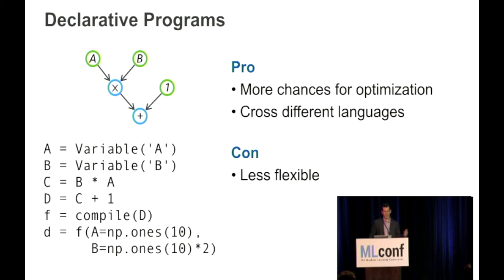Declarative is exactly the other end. You define some variables. You define how those things are combined. Then you say, well, now compile something out of those pieces. And then you define some other function that works on those pieces. And this is very nice in terms of optimization, but it's a little bit less flexible.